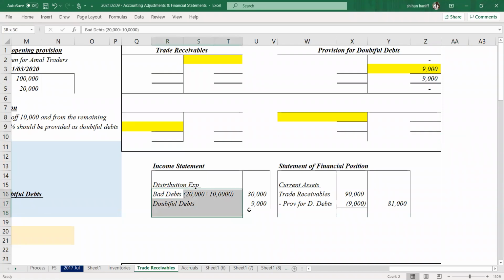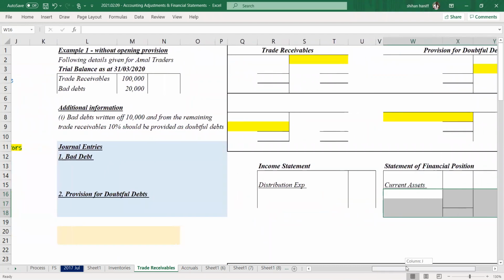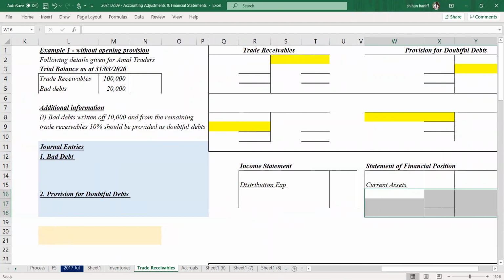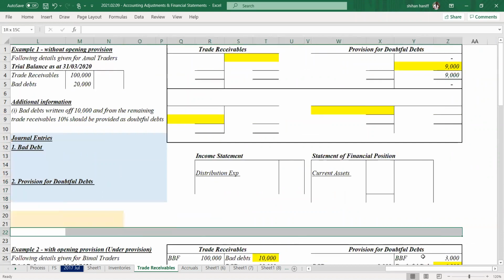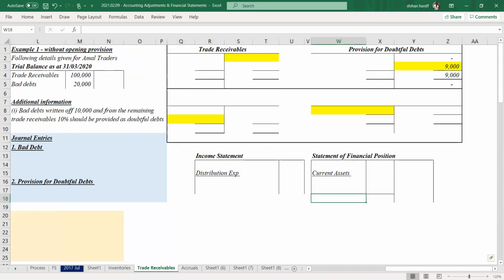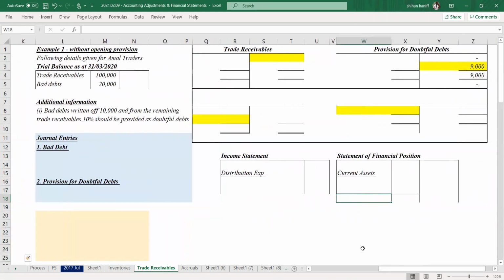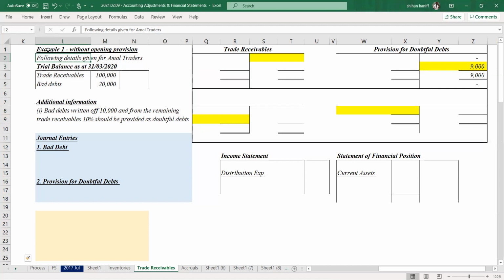Example 1. I'm going to do this example. There is no opening balance. Example 1 is without opening balance.